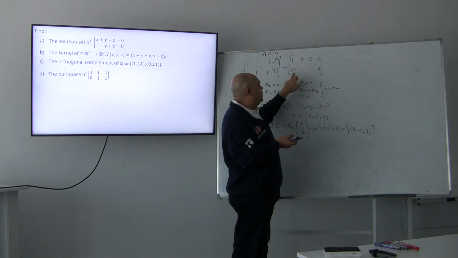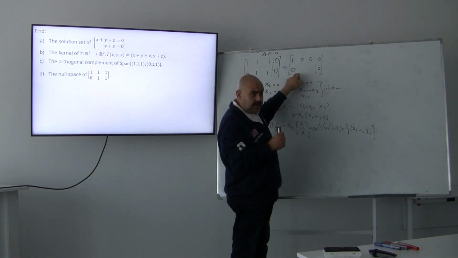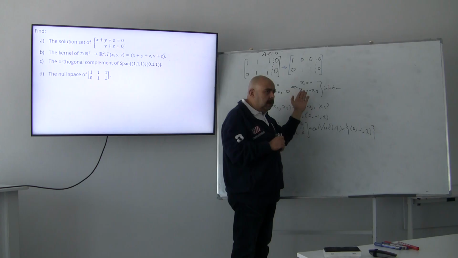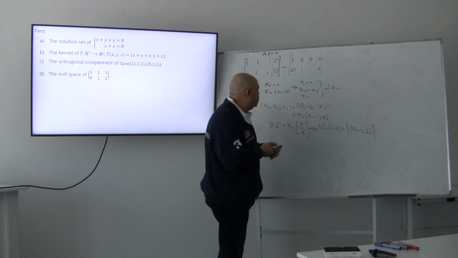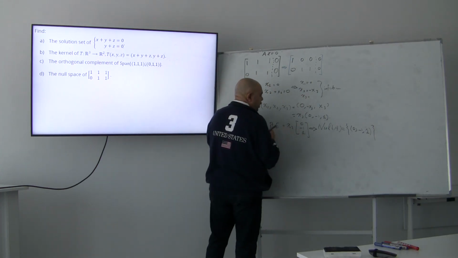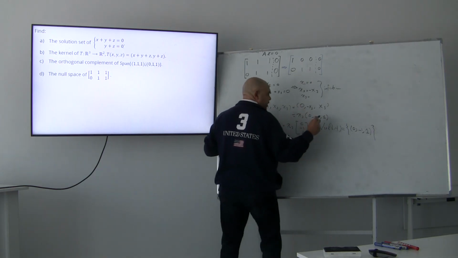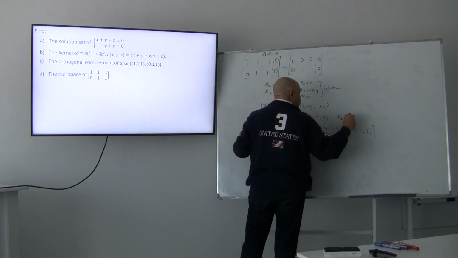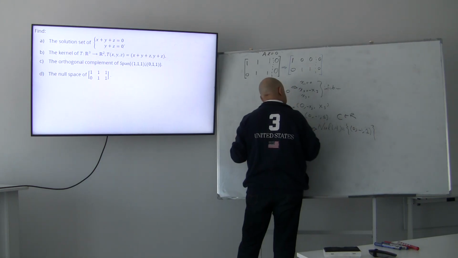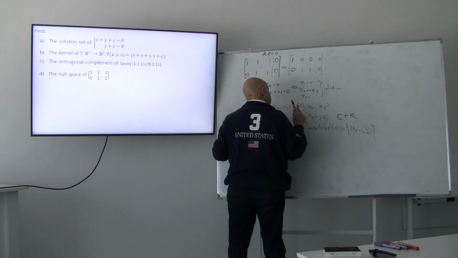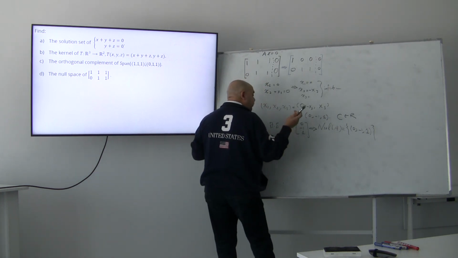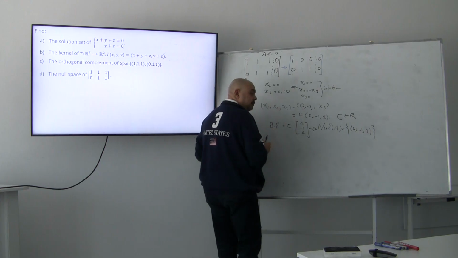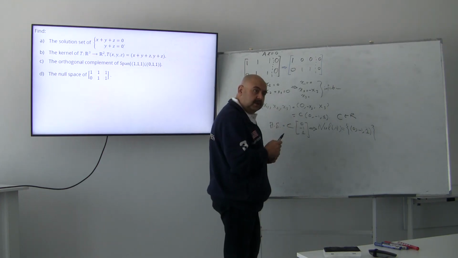I'm getting x2 as it is in the second row as a function of x3. It's not going to make a difference if you use x3 or x2, because x3 belongs to R, and I can replace x3 by a constant. So mainly it will make no difference. You will still have the combination of the vectors that we are talking about.